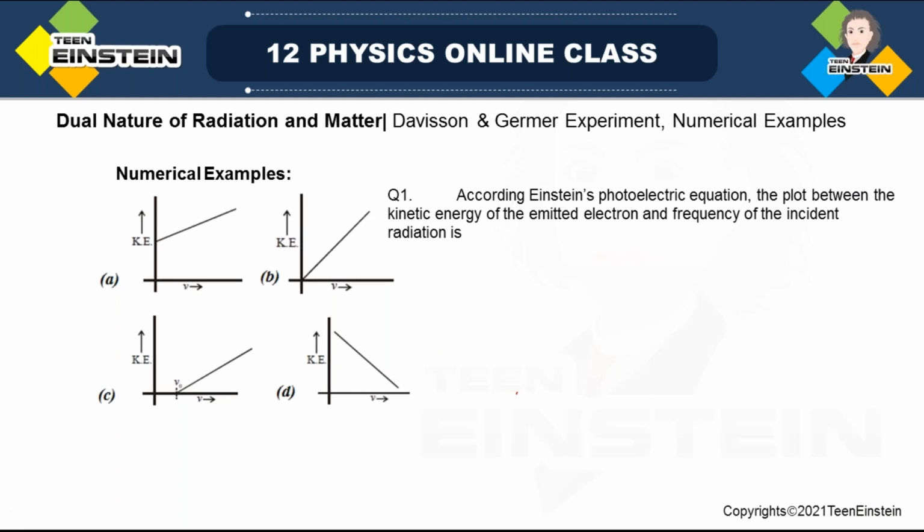See this question. The first question is, according to Einstein's photoelectric equation, the plot between the kinetic energy of the emitted electron and the frequency of the incident radiation. So this is the photoelectric effect.